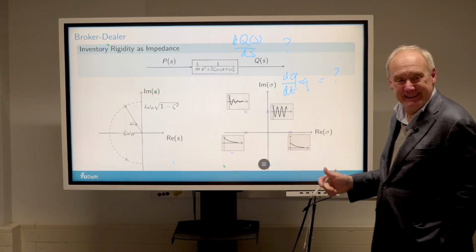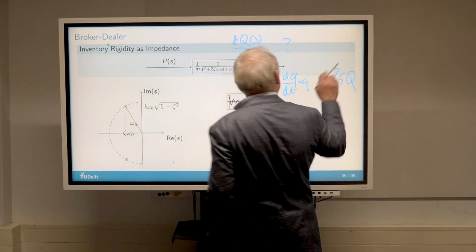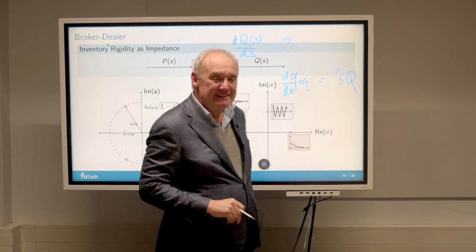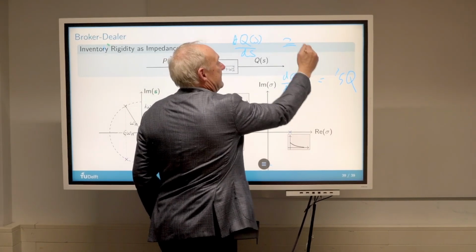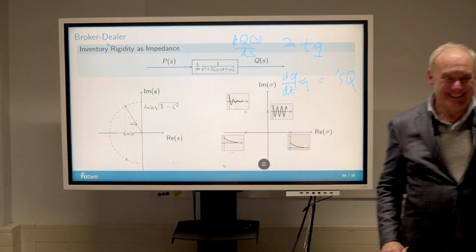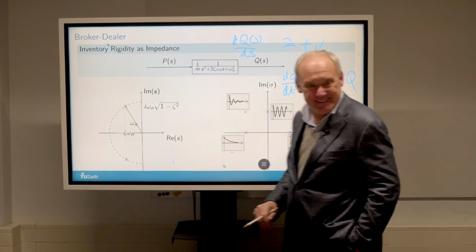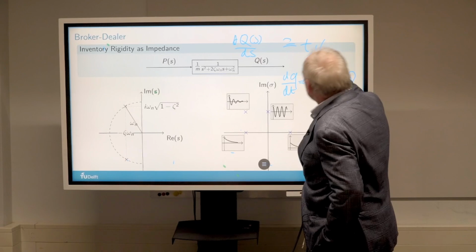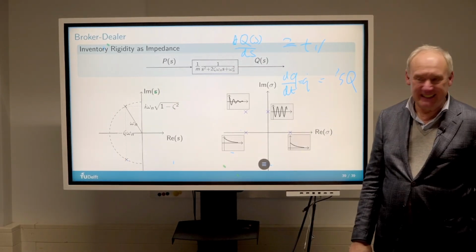Well, tell me. Yeah, it's s times q, of course, right? So why wouldn't you know this one? Well, yeah, it's just t. Go and look it up. All right? It's t times q, sorry. Yeah, because the Laplace transform of this is that, right?